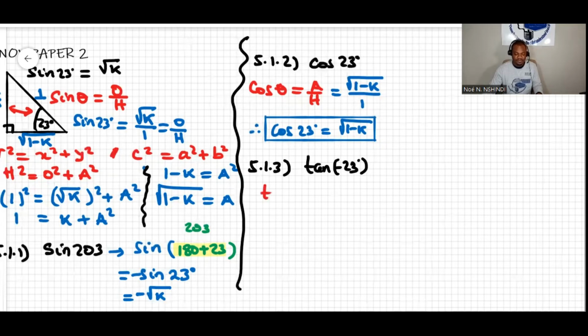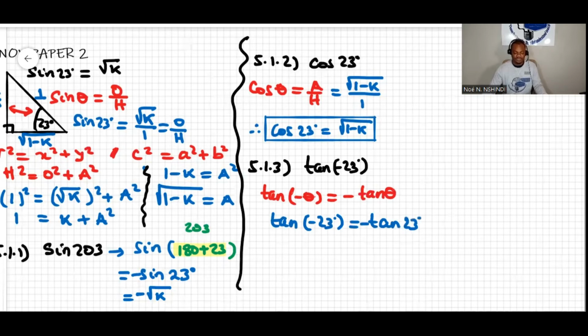We know that tan of negative theta is equal to negative tan of theta. I'm writing our formulas, properties or theorems in red. Applying that, tan of negative 23 degrees is equal to negative tan of 23 degrees, and tan of the angle theta is equal to opposite over adjacent.